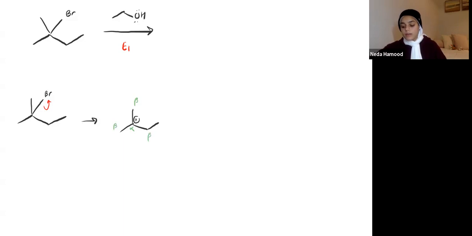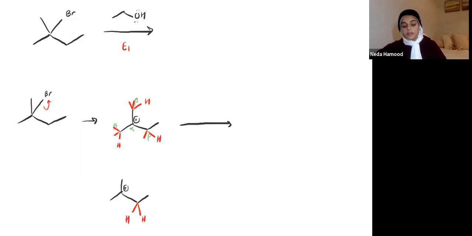We have hydrogens here, which is the same thing as the other hydrogens, so technically it's the same product. And then we have hydrogens there. So from the 2 products that we can make, let's attack different hydrogens.